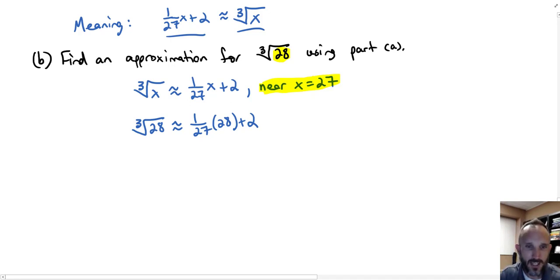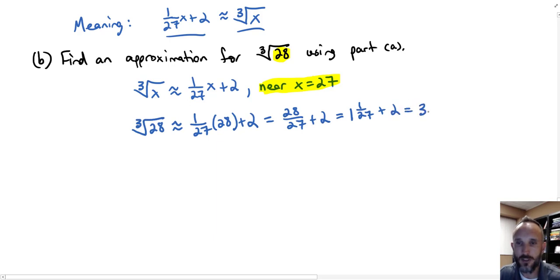So what we get is 28/27 plus 2, which is, well, 28/27 is 1 and 1/27 plus 2. And so we get 3 and 1/27. So this is approximately the cube root of 28, and all we did was plug 28 into a linear function.